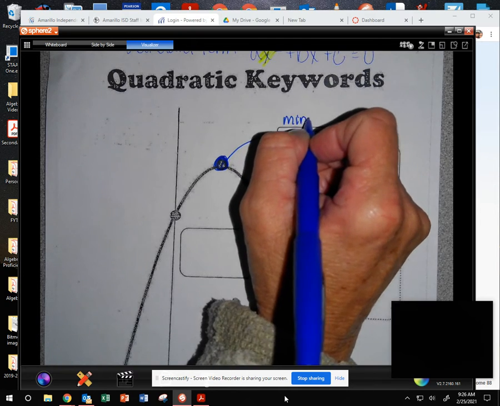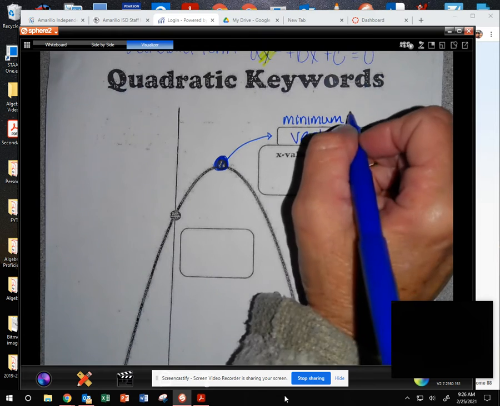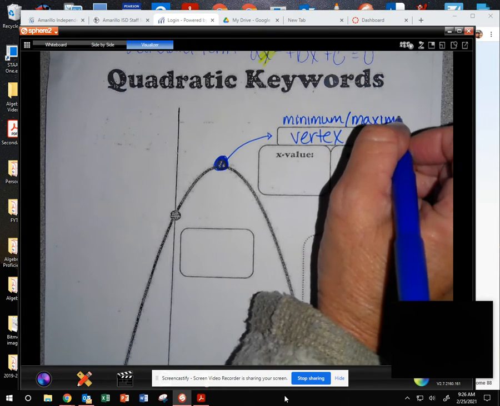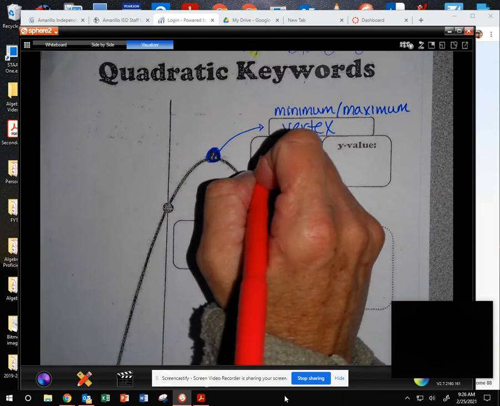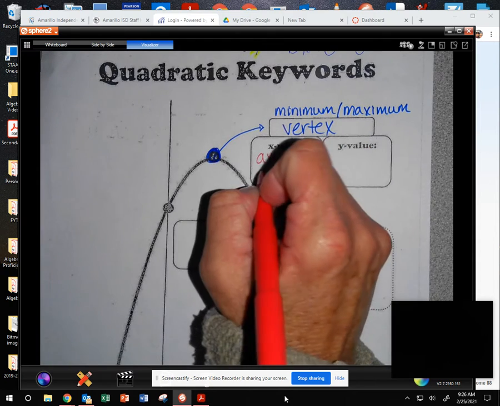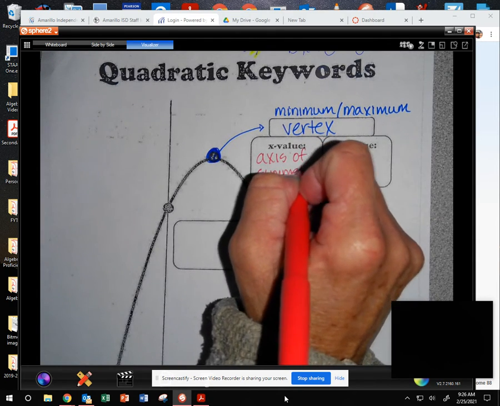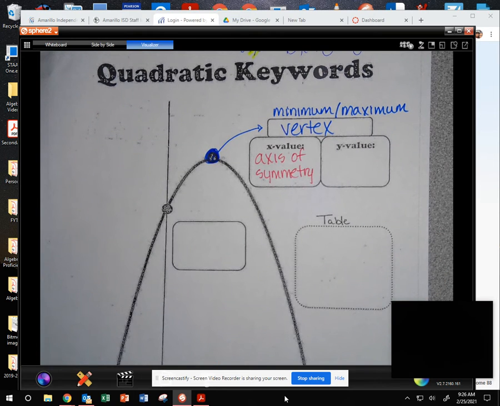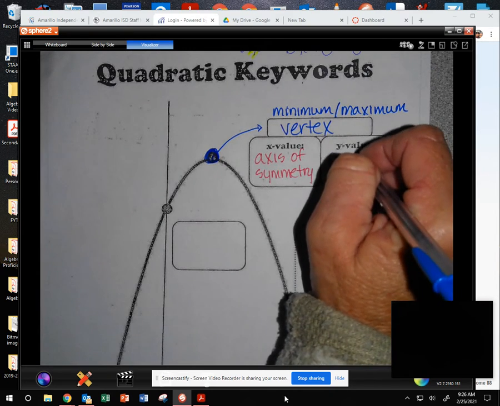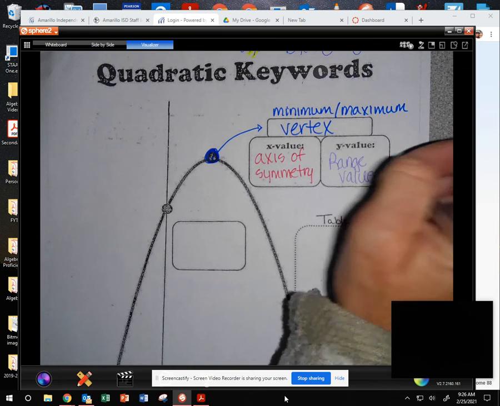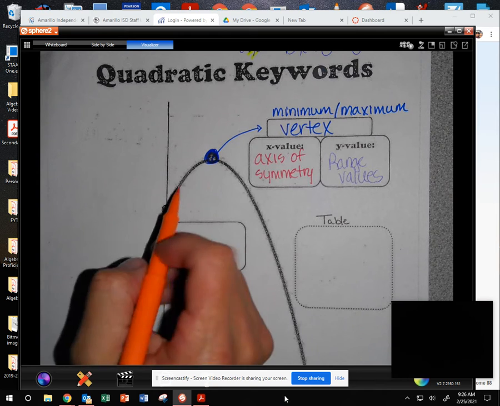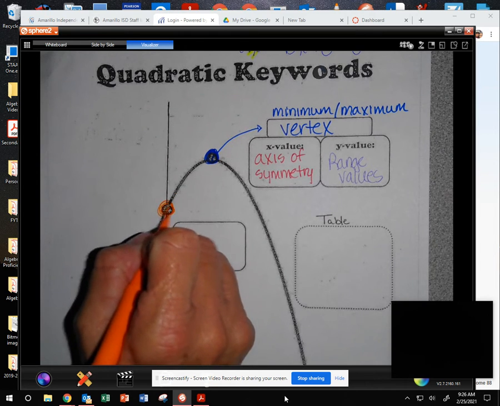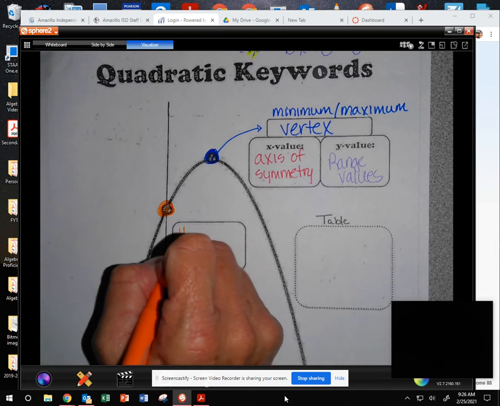We either have a minimum or a maximum. My x value is my axis of symmetry. My y value are my range values. Okay. This number right here, or this point, is my y-intercept.